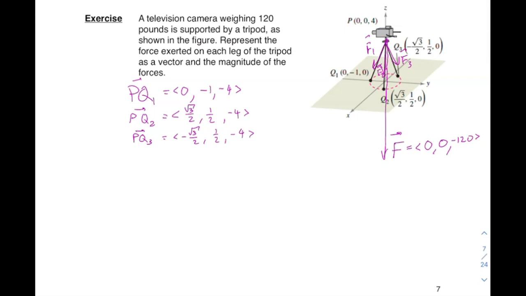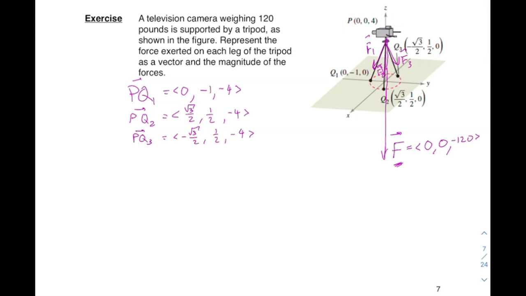So in the example here, I've shown the vector F1 to be a certain length, ending here. I don't know if it's longer or shorter, it doesn't matter. F is certainly a lot longer, but actually I know full well that PQ1 goes from P to Q1, but what is F1, F2, F3? It's actually a lot longer than PQ1, right? Because we are supposed to reach vector F, which goes down to negative 120.